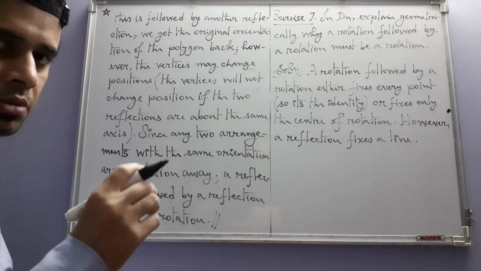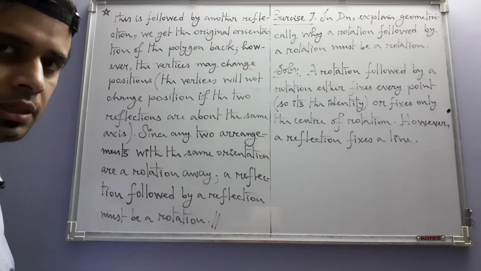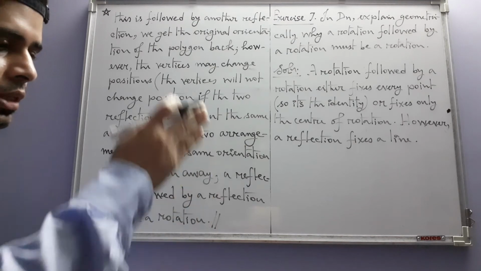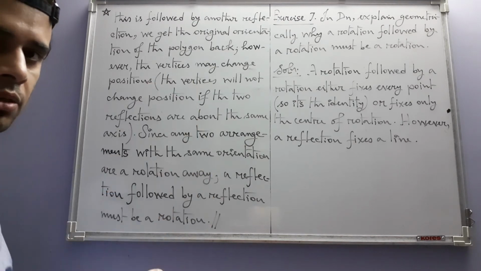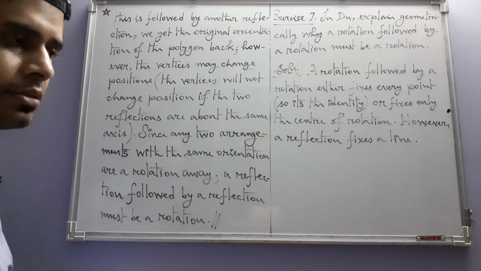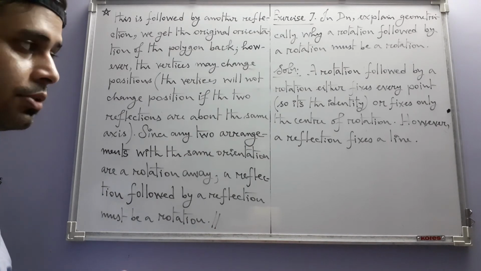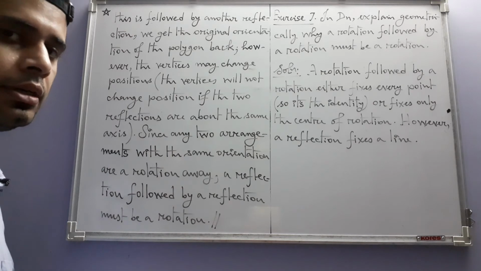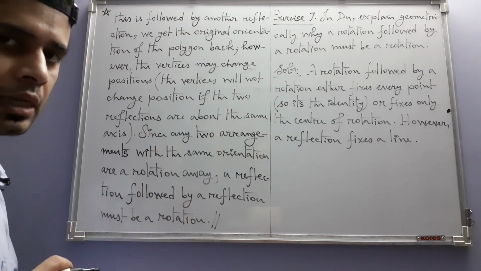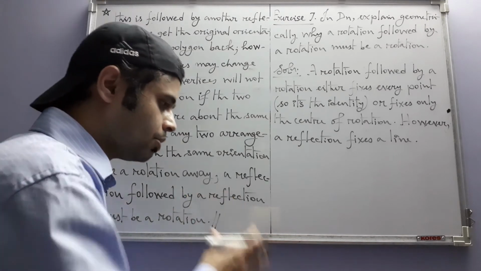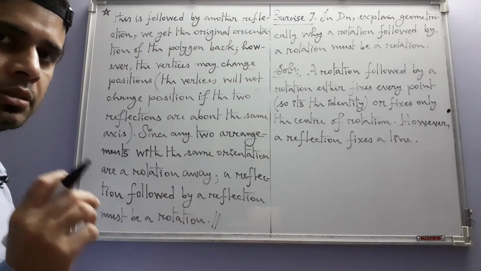If you know what I mean, how to find the center, we have already seen. If the number of sides of the polygon is odd, then you have to consider the perpendicular bisectors of the vertices. In general also, you can consider perpendicular bisectors of not the vertices, the sides. They will all pass through the same point, and that point is the center of rotation. For both the rotations, the center is the same.